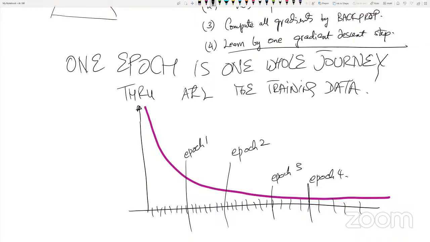Then we reshuffle it again, re-randomize it and rebuild the same mini batches for epoch number 2, and keep repeating it until the data combinations have been used and the learning flattens the loss.